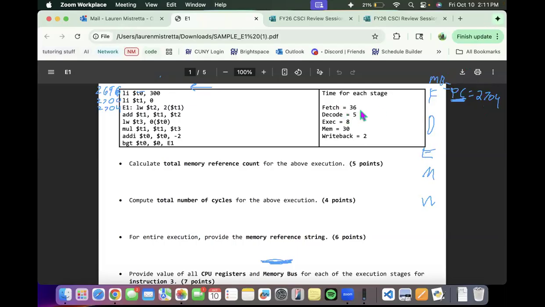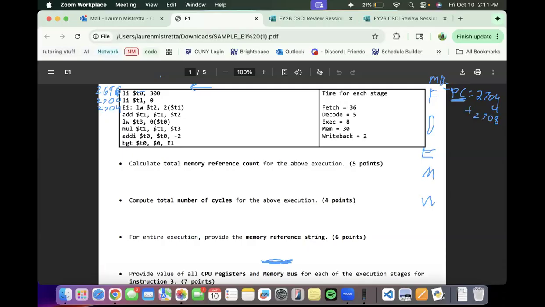But if this is the end, remember at the end of the fetch state, this gets another +4 added to it. I would honestly write out both if he doesn't specify, but just keep in mind at the beginning, it's 2704. At the end, it's going to be 2708.